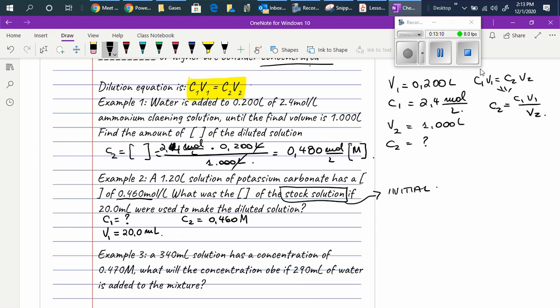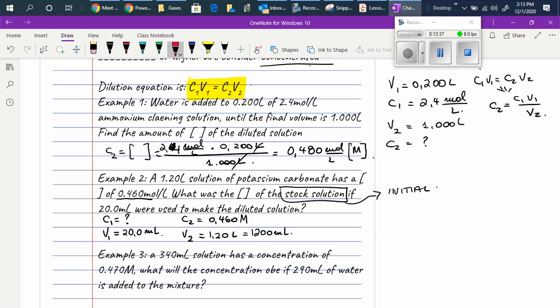And the volume of the diluted solution is 1.20 liters. And just so that you can see it cancel out, milliliters and milliliters cancel out, you can convert it into milliliters.